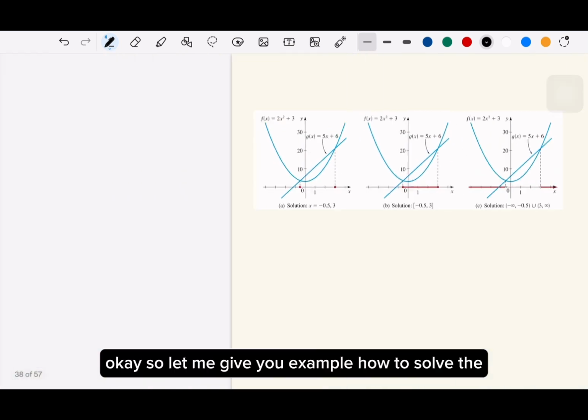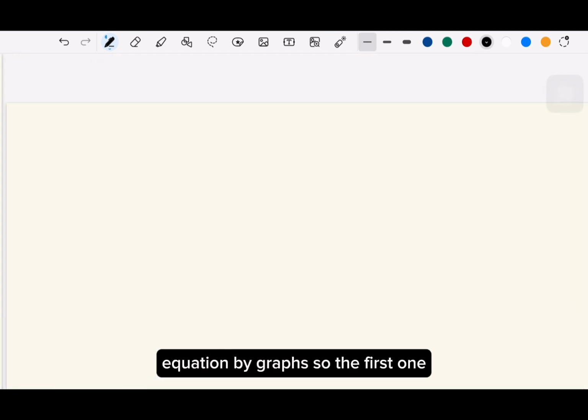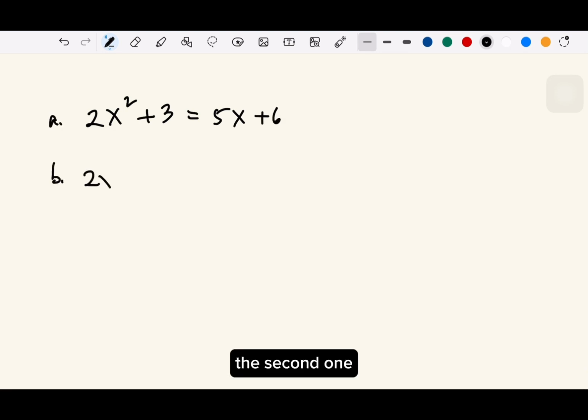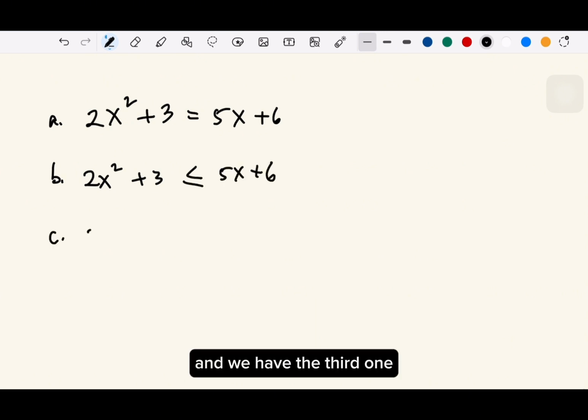Okay, so let me give you an example of how to solve the equation by graphs. So the first one, the second one, and we have the third one.